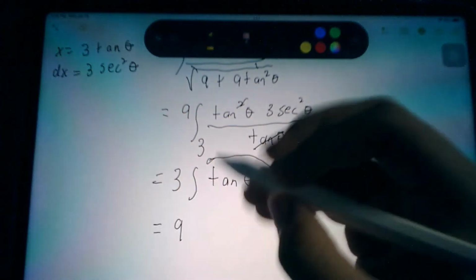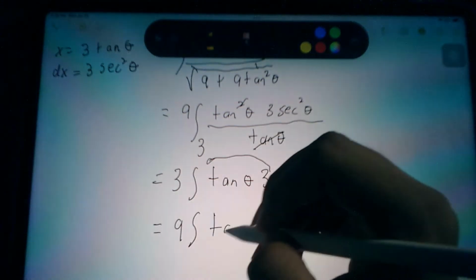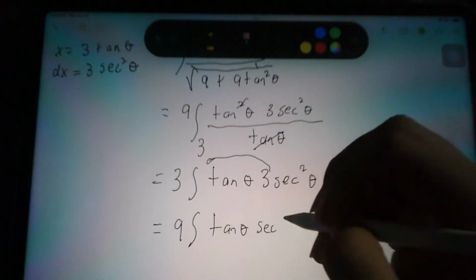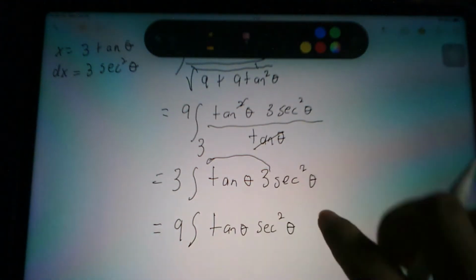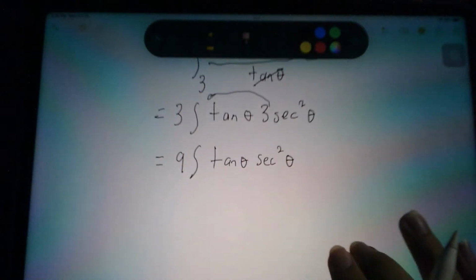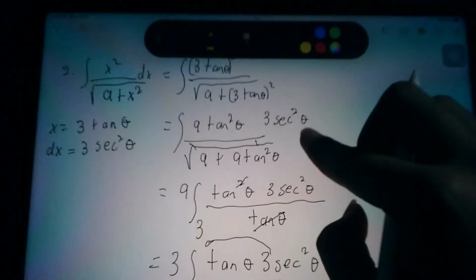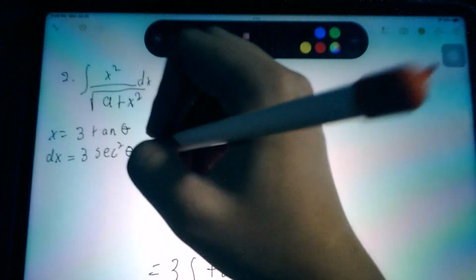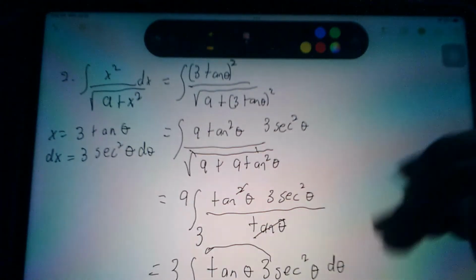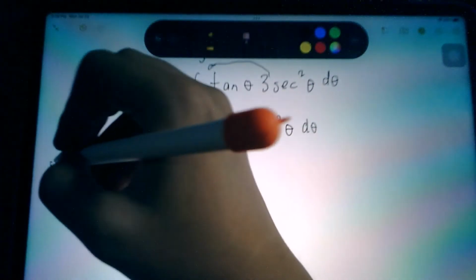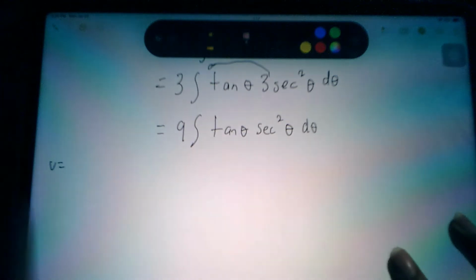Our answer here is just the integral of tangent of theta secant squared theta d theta. Now we have here just a U substitution.